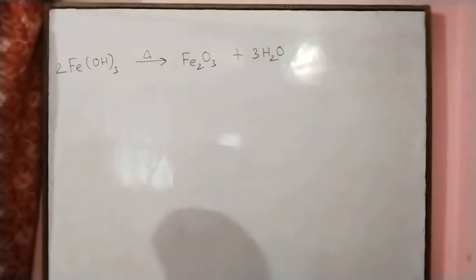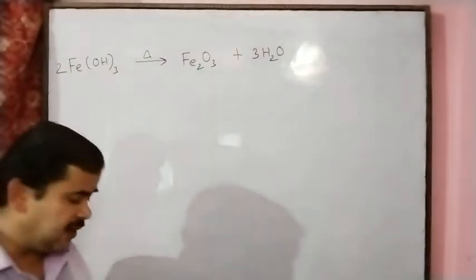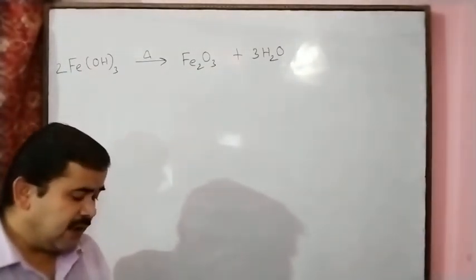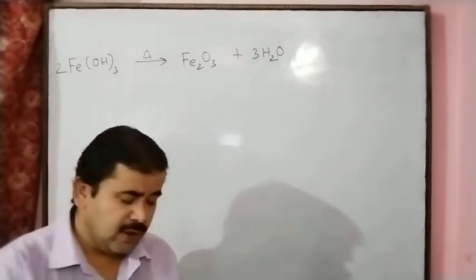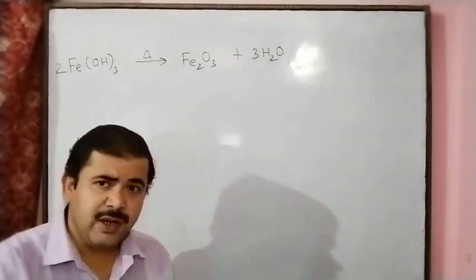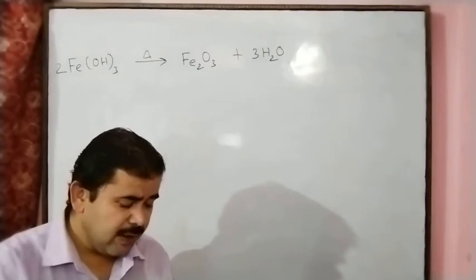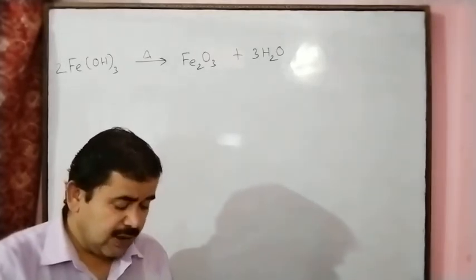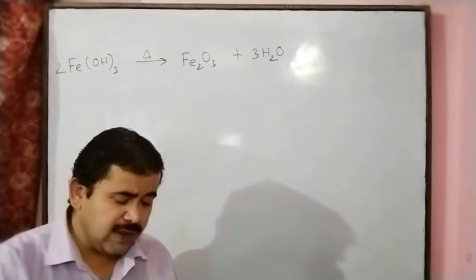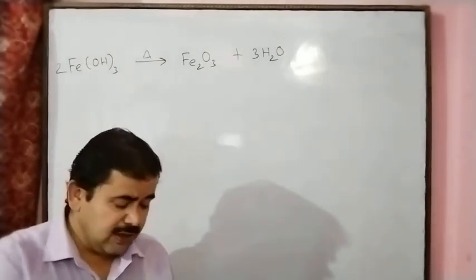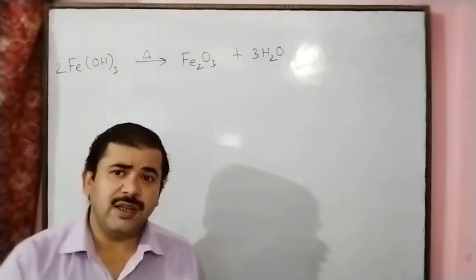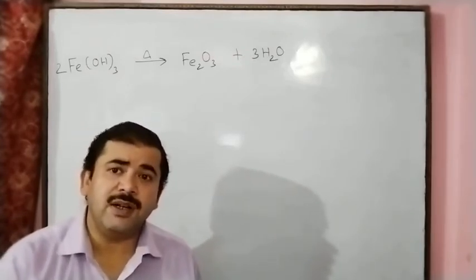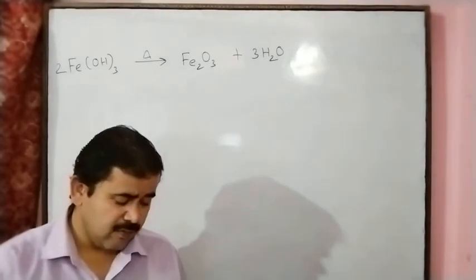In the same manner, calcium carbonate decomposes into calcium oxide and carbon dioxide. Then copper carbonate, CuCO3, which we can say is cupric carbonate, decomposes into CuO plus CO2. In these chemical reactions, heat energy is absorbed, so these are examples of thermal decomposition reactions.